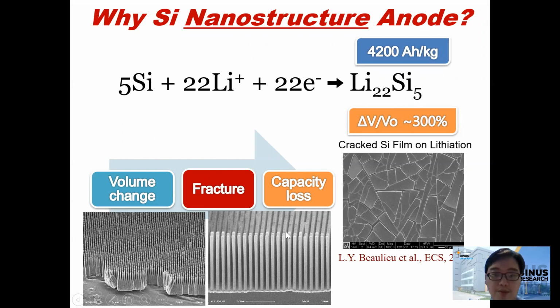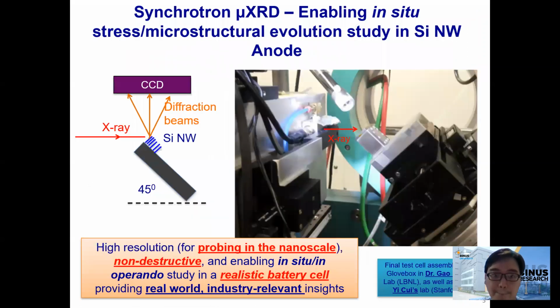This is the magnified image of the silicon nanowires. We would like to study the stress within these nanowires during the charging and discharging of the battery. We study the stress or measure the stress using the synchrotron micro X-ray diffraction.